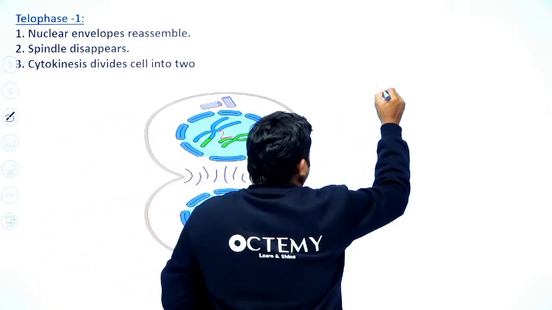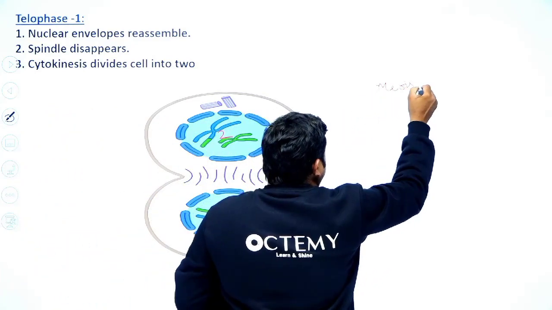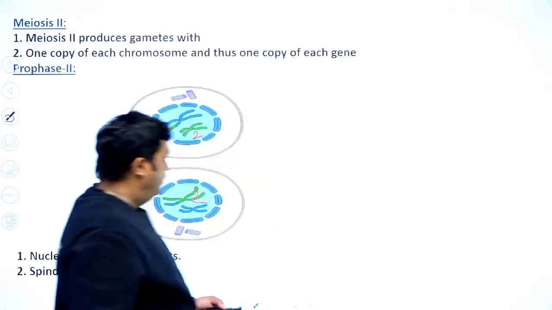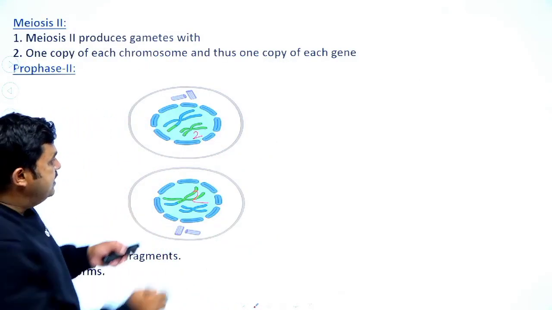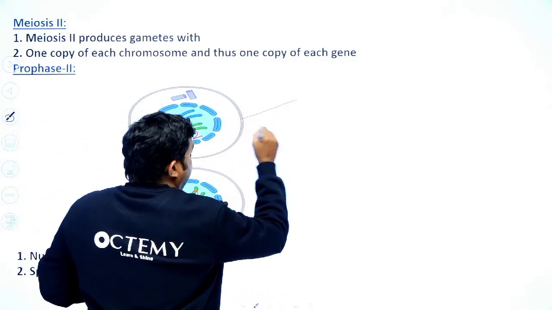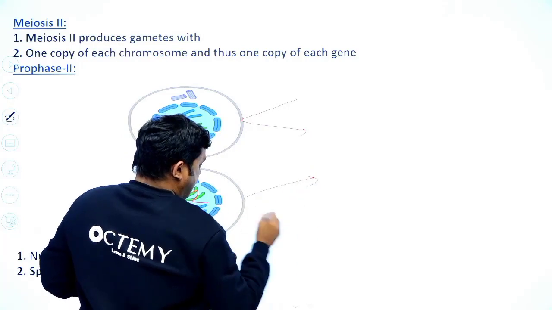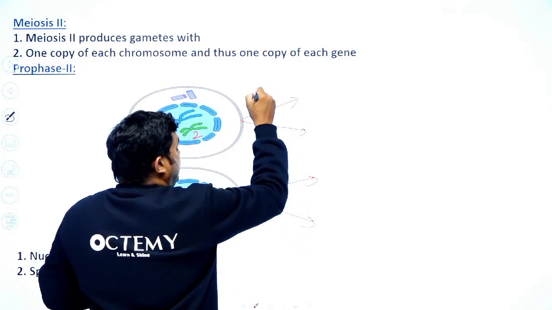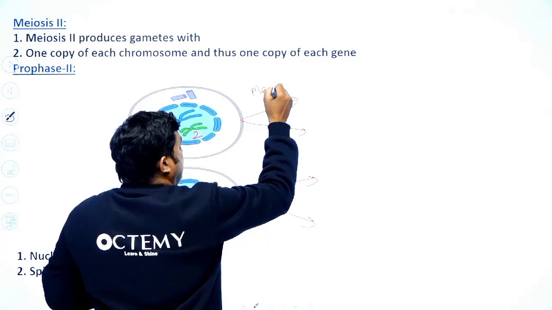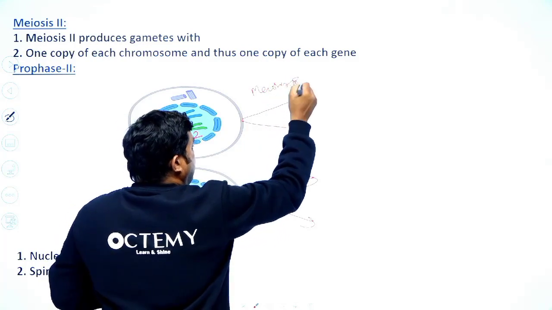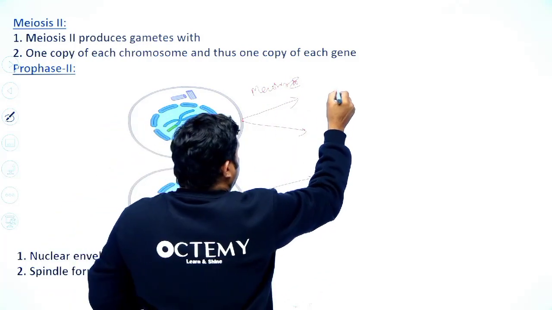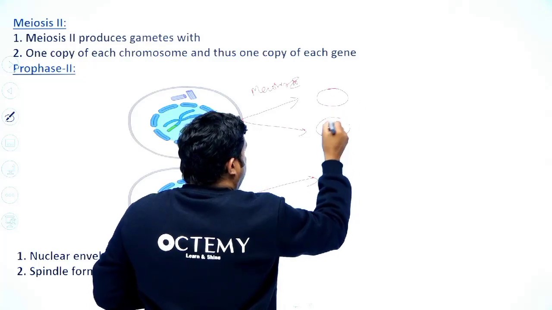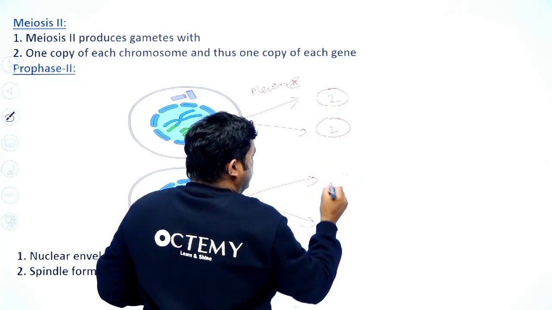Next, meiosis 2. You see, again these two cells undergo meiosis 2. In this stage, generally, two cells are formed with two chromosomes.